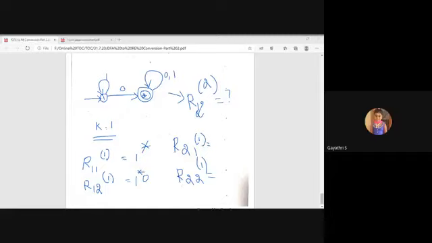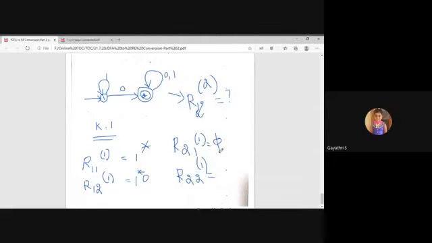So R21 of 1: again i equal to 2, j equal to 1, k equal to 1. So R21 of 0 plus R21 of 0 times R11 of 0 closure, then R11 of 0. So put the value based on the k equal to 0 case. What's the output? If it is any symbol, you have to just name the symbol. Okay, yes. Keerthana, which is right.